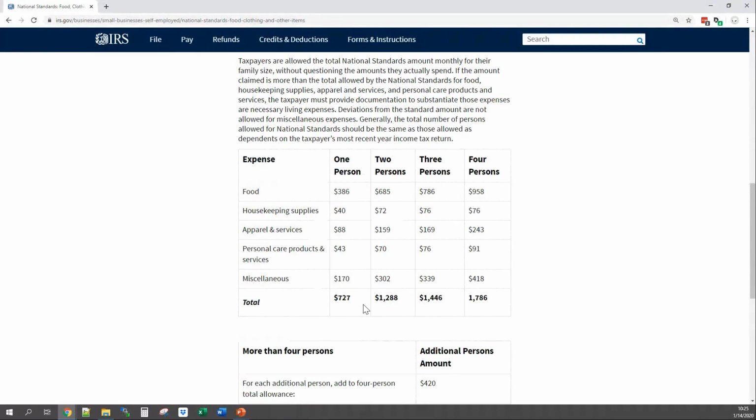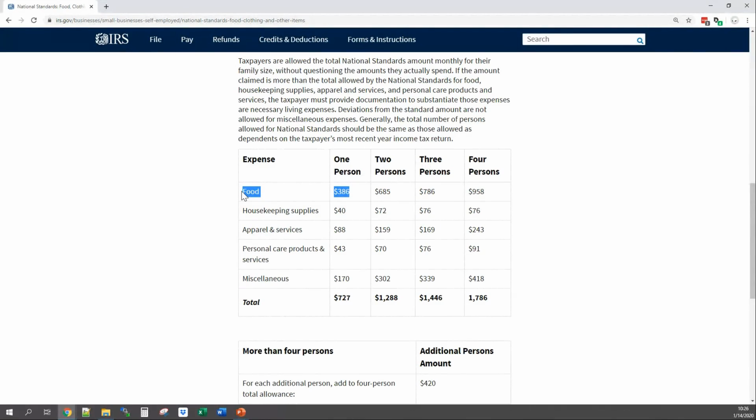A single person like me, I can claim the full $727 a month, and the IRS cannot question me on it. They can't ask me to validate that I'm actually spending that much. Now, if I'm trying to prove that I should have a conditional expense that exceeds the $727 a month, then I'm going to have to prove it. For example, if I have a medical condition that requires an expensive special diet, I'm going to have to provide medical records to that effect.